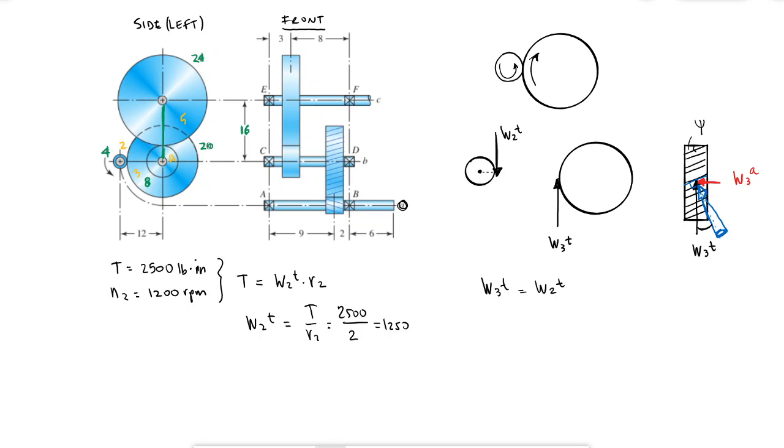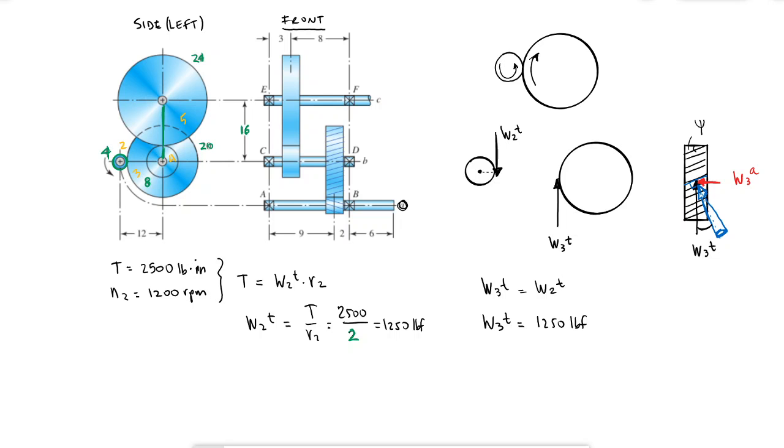So 12 plus 4 equals this 16. If 4 is the diameter of gear 2, then the radius of 2 is 2. This is the tangential force, meaning that the tangential force on gear 3 is also 1250 pounds. I can get some of these components.